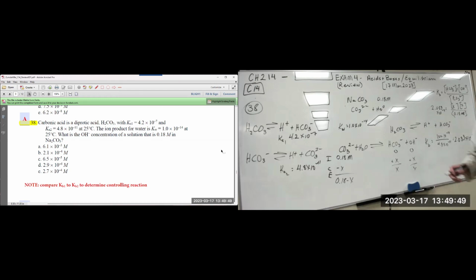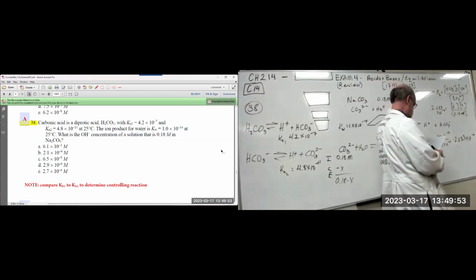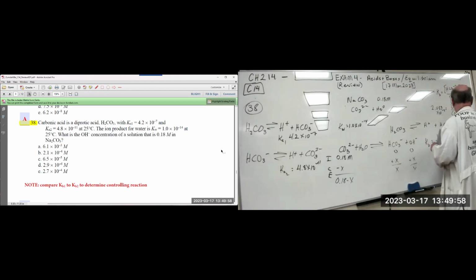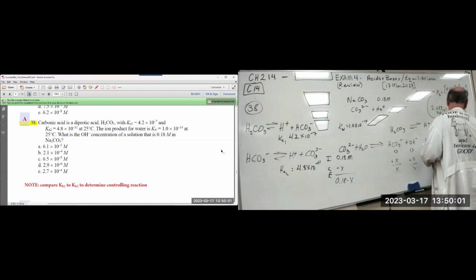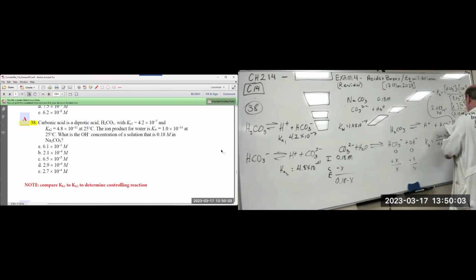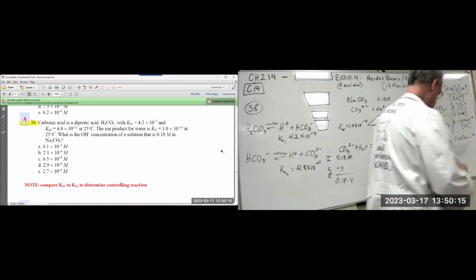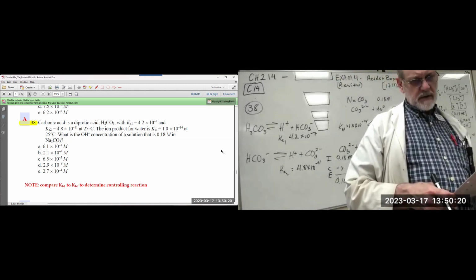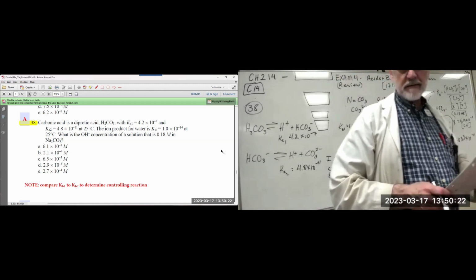All right, so in the interest of time, X should be 6.12 times 10 to the minus 3, which is the hydroxyl ion concentration. 6.12 times 10 to the minus 3, that's A.